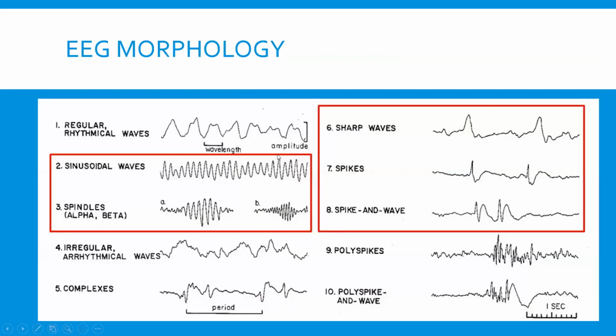And then we talk about different morphology. The main ones I think for you guys to know are sharp waves. Sharp waves are basically areas of the brain where there's seizure activity. The main 2 terms we use are sharp and spike. Sharp waves really stand out from the background.